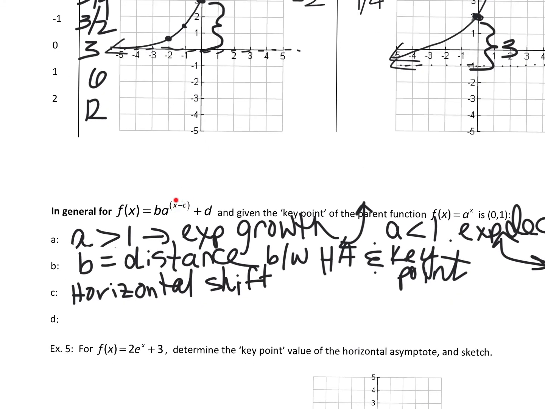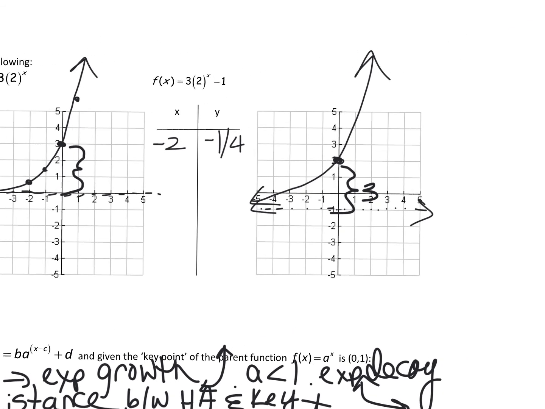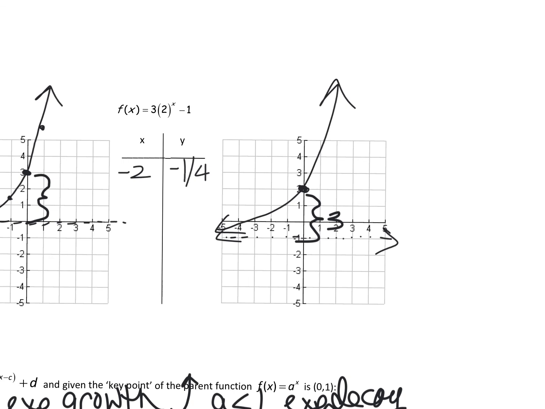Well, that's inside the parentheses, that's Spider-Man rules, whatever happens inside, you'd have to plug in C to get that key point. And so that shifts it to the left or right because of that change of X value like we saw before. And then D is our horizontal asymptote. When D was 0, if you look up here, D is +0, there's our horizontal asymptote. -1 is down here. Now this is something I was going to say, kind of like when I paused earlier, if you noticed.